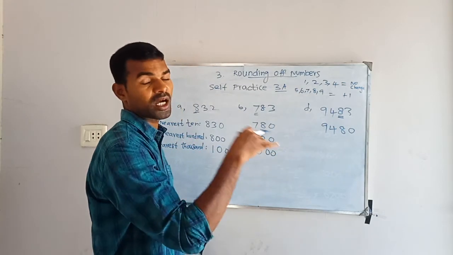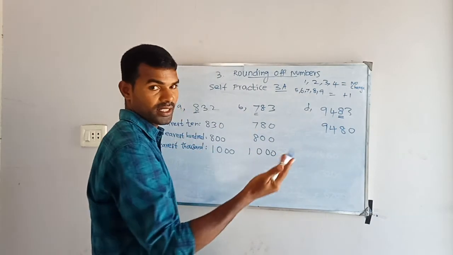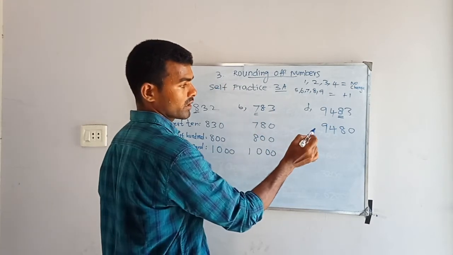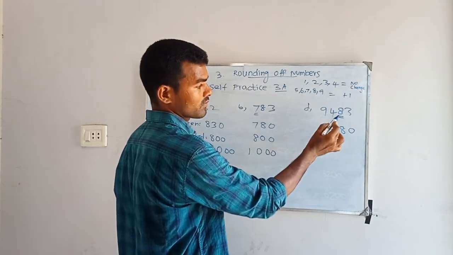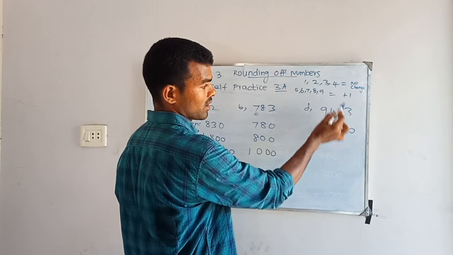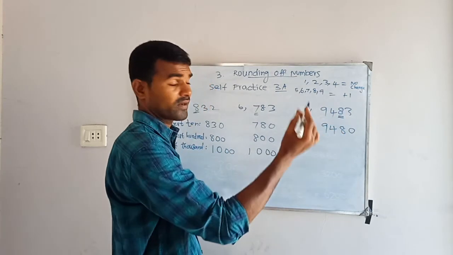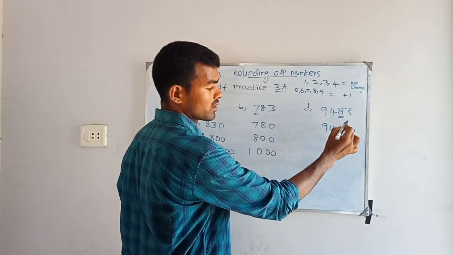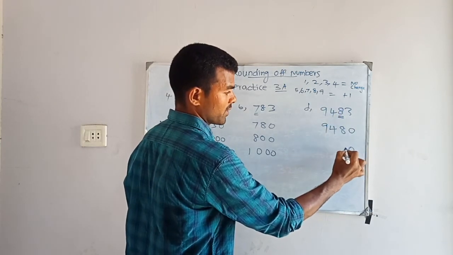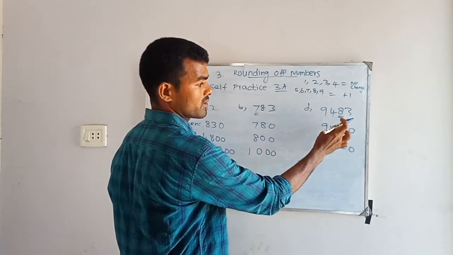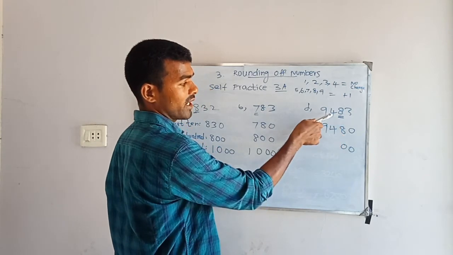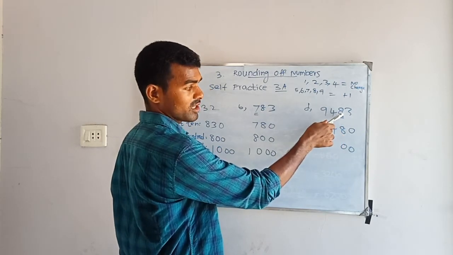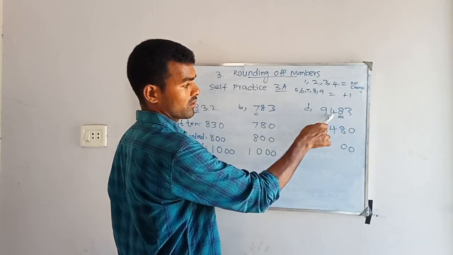If the digit coming above 5, we will increase 1 to the 100 place. So since it is 8, 4 plus 1 how much? 5. Answer is 9500, ones place 0, tens place 0, and with the hundreds place, since tens place 8, plus 1, so 9, 5.